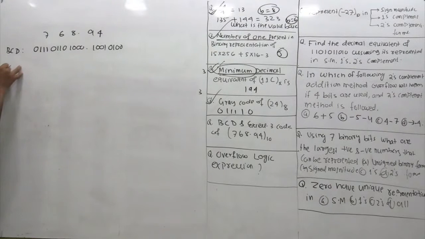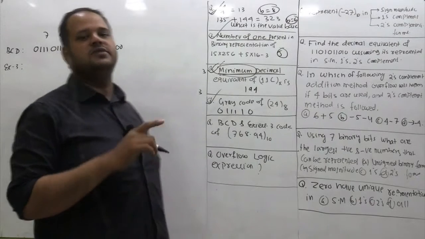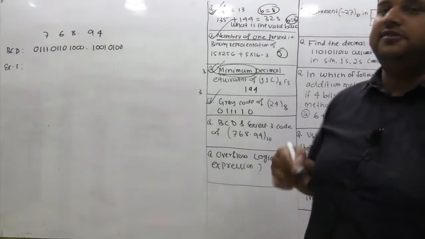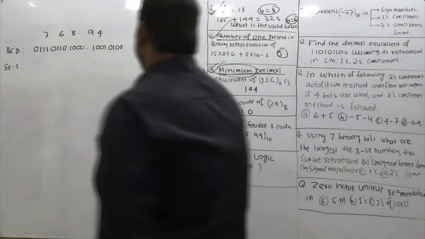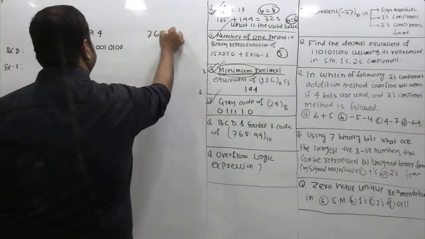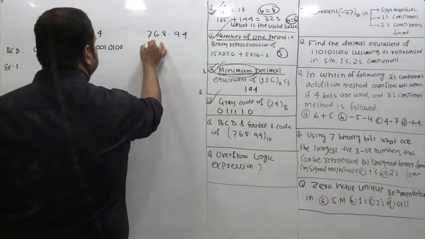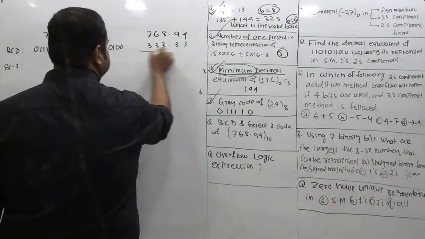To get the Excess-3 code, you simply add 3 to each of the digits, but make sure that when you add 3, you do not carry to the next digit. Suppose 768.94 is the decimal number and I am asking you to find the Excess-3 code. You have to add 3 to each and every digit; that is the meaning of Excess-3.